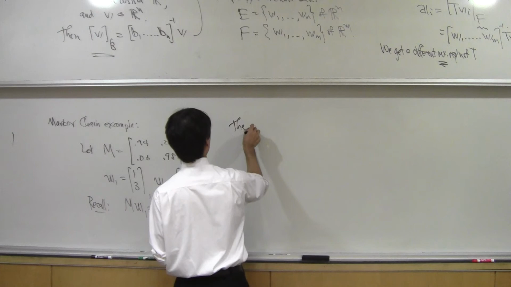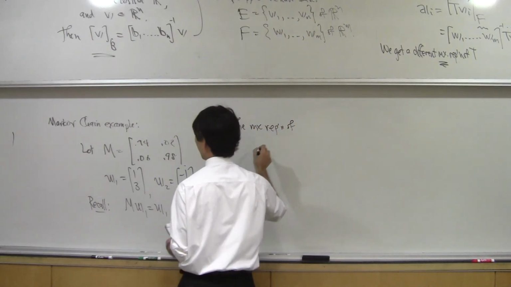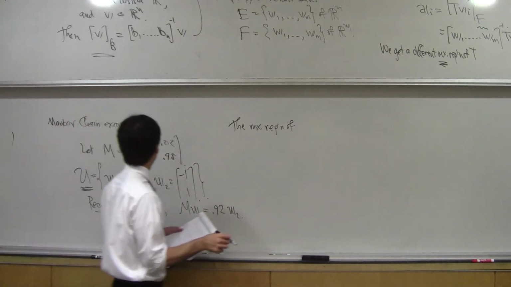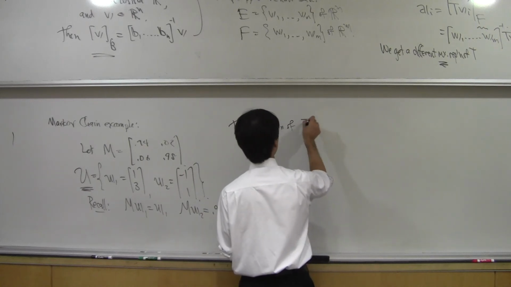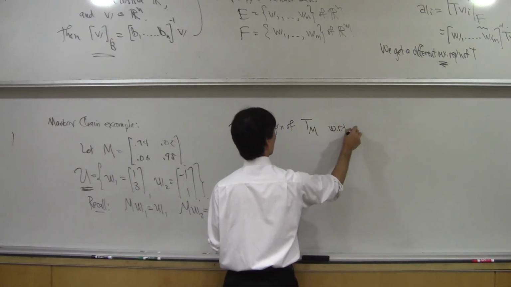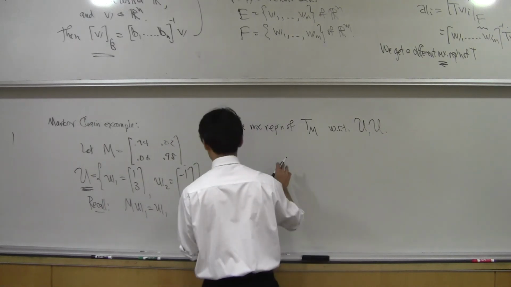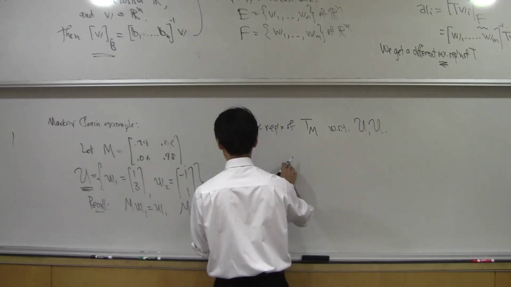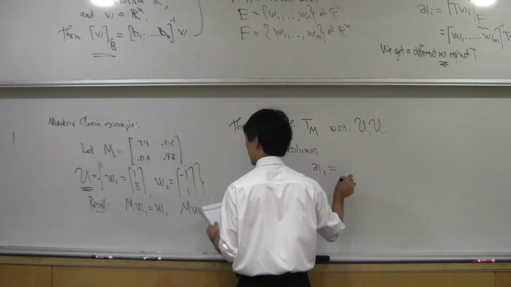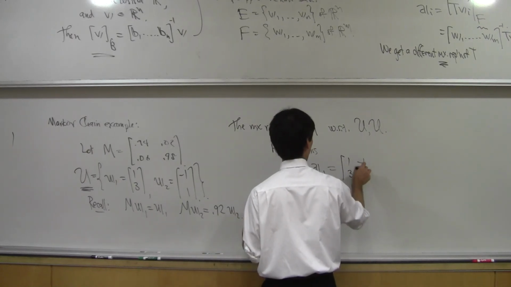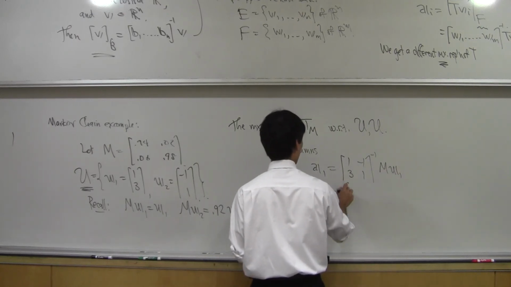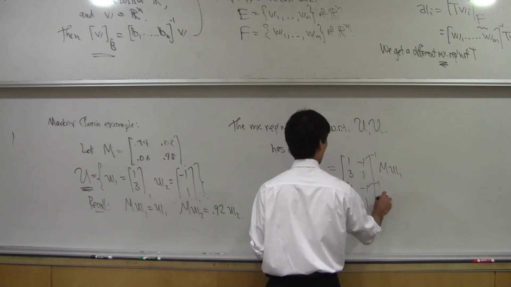So the matrix representation of T sub M with respect to the basis U1, U2, call it U, on both sides is going to be, as columns, A1 is the inverse of the matrix with columns (1, 3) and (-1, 1) times MU1, and A2 is that same inverse times MU2.